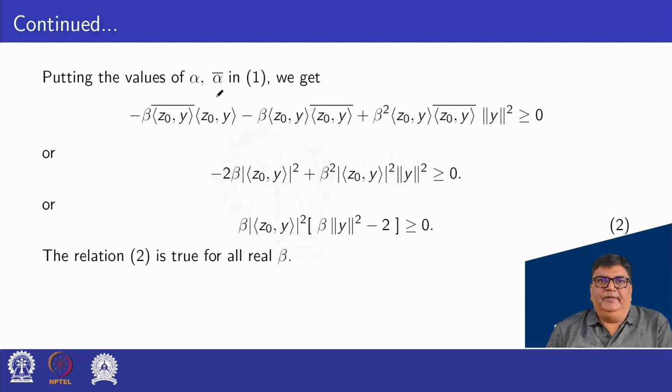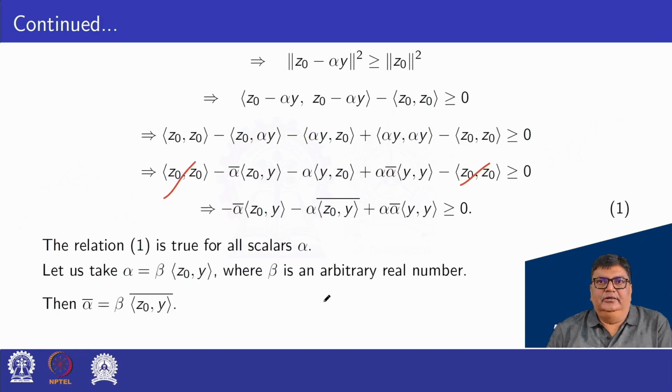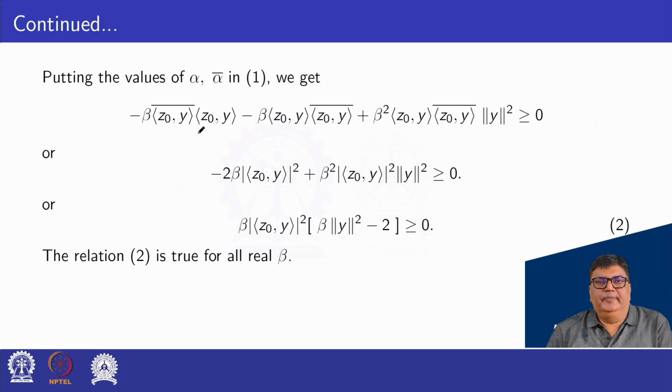Putting the values of alpha and alpha bar in equation 1, we get minus beta into the conjugate of the inner product of z0, y into the inner product of z0, y, minus beta into the inner product of z0, y into the conjugate of the inner product of z0, y, plus beta squared into the inner product of z0, y into its conjugate, times norm y squared, greater than or equal to 0.